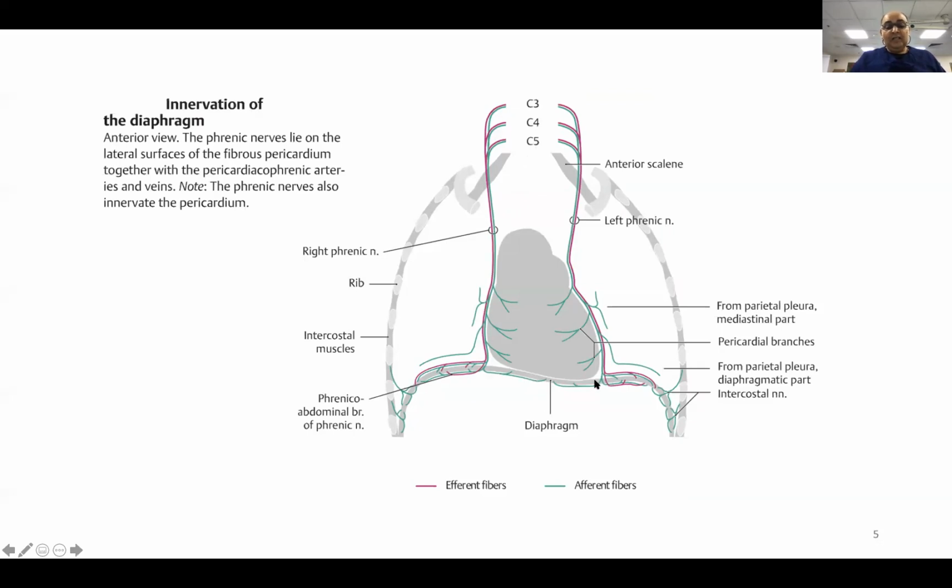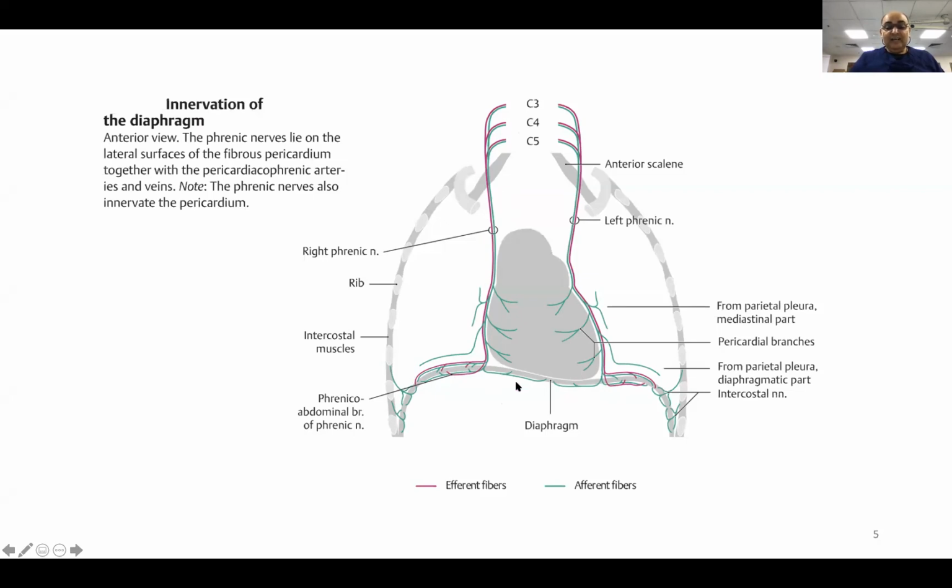The fibrous pericardium also comes from that source. Mediastinal pleura also comes from that source. More detail will be provided by Paul. That's why this phrenic nerve has to travel from the neck and go all the way down to the level of the diaphragm, because the diaphragm migrates. Originally it develops in the neck, then it descends, and due to its descent, it drags its nerve supply.